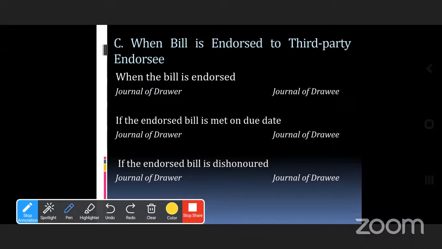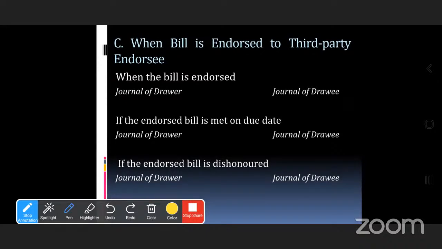One is he keeps the bill with him till the due date, and the other one is he will be discounting the bill with the bank. And the third option the drawer may be using is when the bill is endorsed to a third party. Understood? So this is another use of the bill of exchange by the drawer.